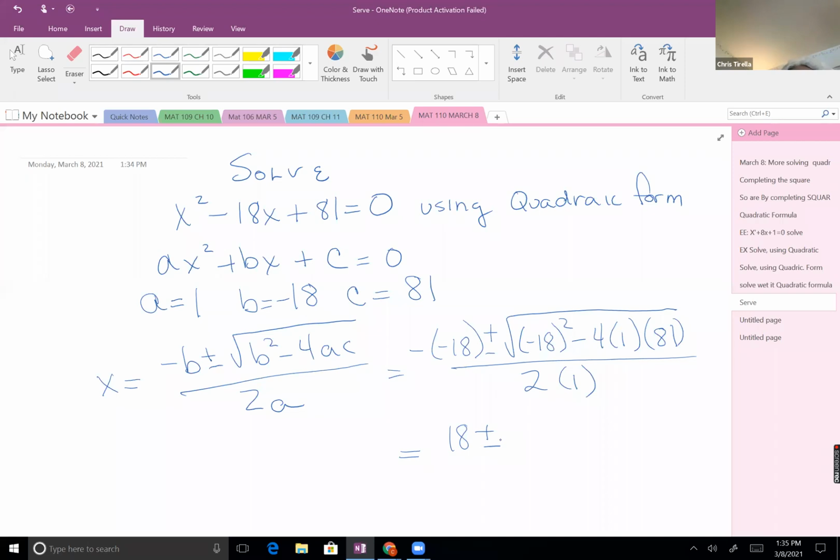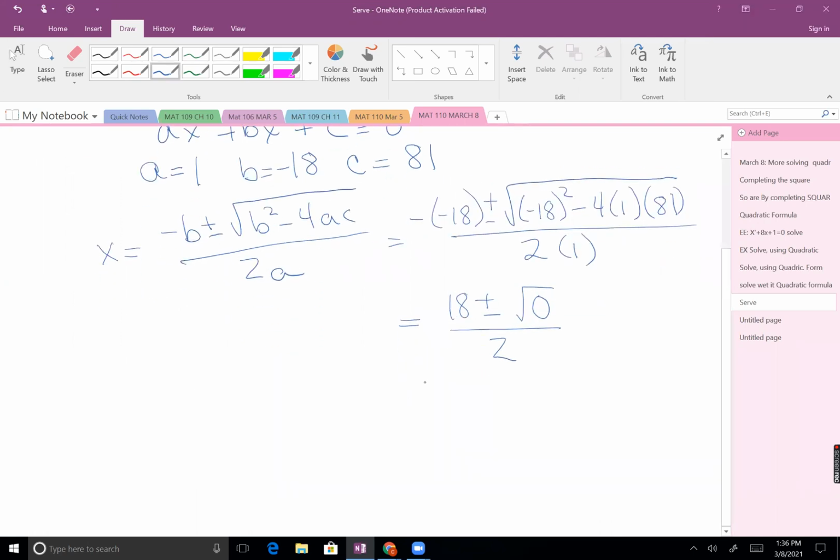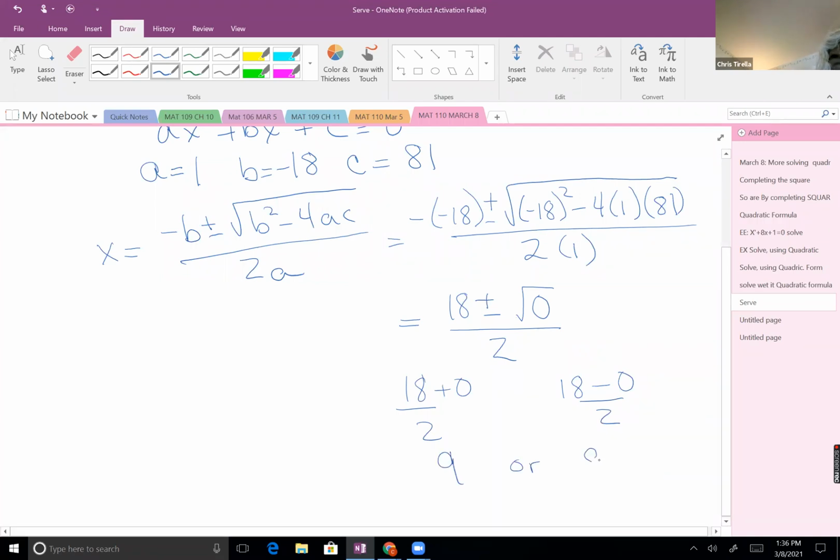Is there anybody else who wants to take over with the calculator work? 18 squared minus 4 times 1 times 81. What are you getting? Is anybody else getting 0? Yeah. And so I get 18 plus 0 over 2, 18 minus 0 over 2, and both of them are 9.